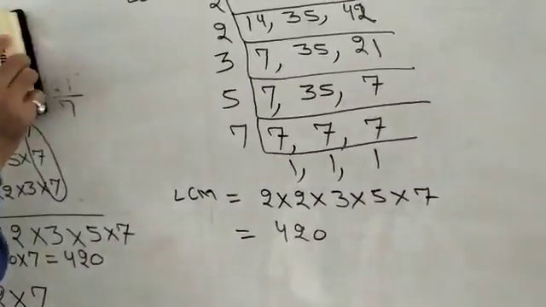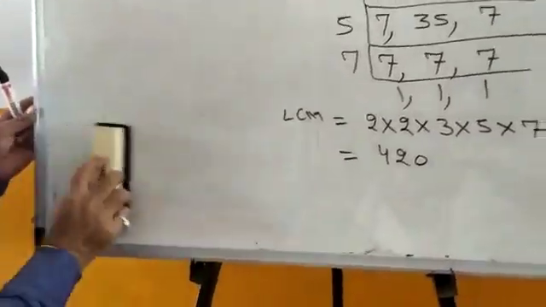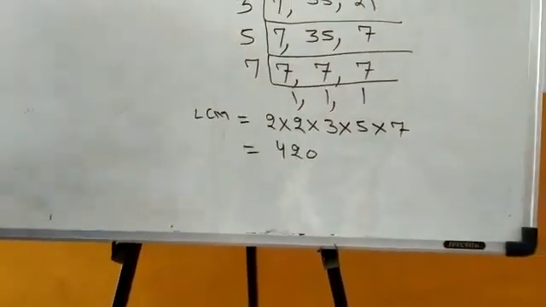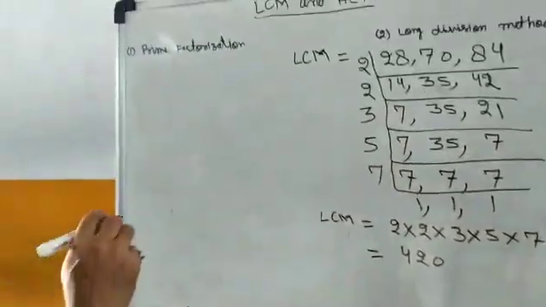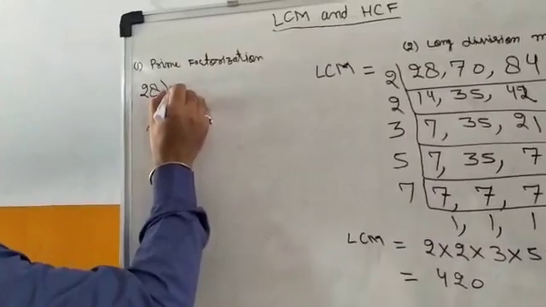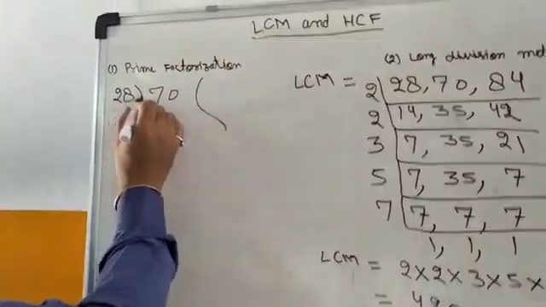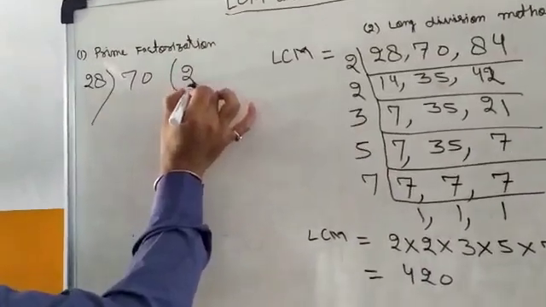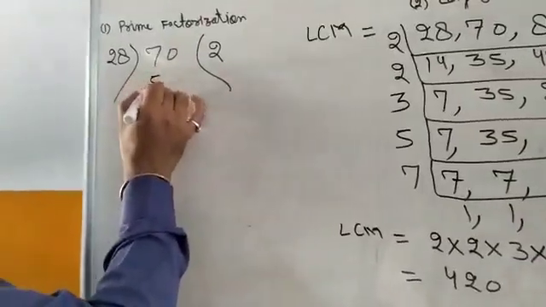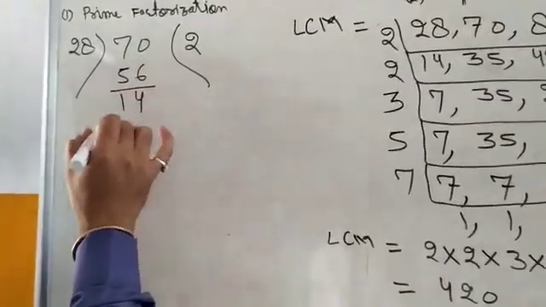Now see how we will find the HCF by the division method. In division we will divide 70 by 28. 28 2s are 56. Remainder is 14.